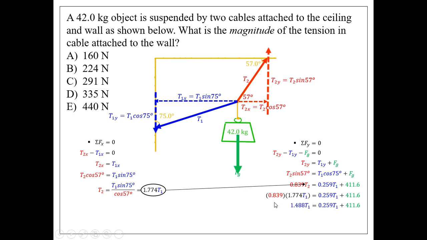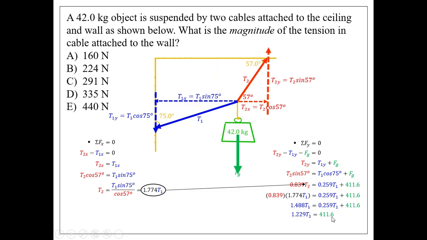If you punch in 0.839 times 1.774, you'll get a coefficient of about 1.488 T1. Nothing has changed on the right side, but as you can see, the left side has the T1, the right side has the T1. So this is where you combine like terms by doing correct algebra. I'm just going to subtract 0.259 T1 on both sides, and if you do that correctly on the left side, you'll get 1.229 T1, which is equal to 411.6.